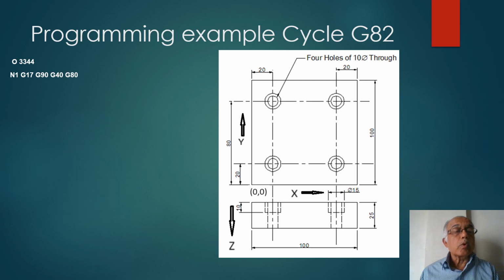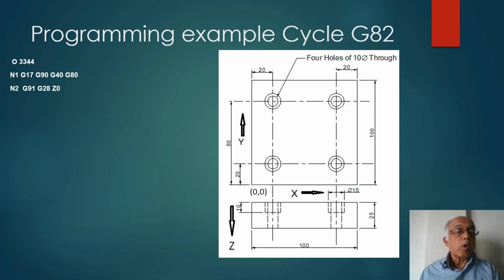These are the codes for making the control ready for new jobs. G17 is plane selection, G90 is absolute programming mode, G40 means cancellation of cutter compensation, and G80 is deactivation of any canned cycle which was used in the previous program.